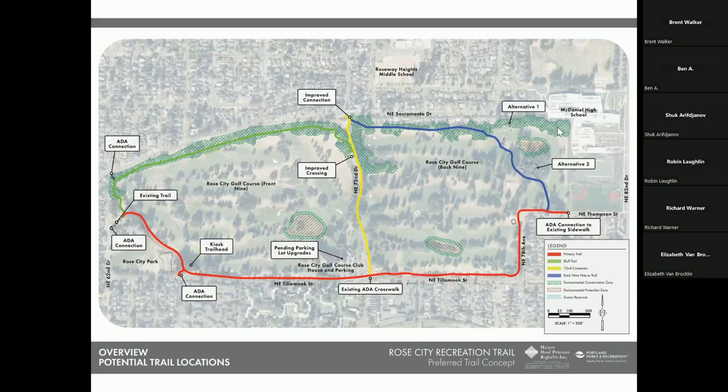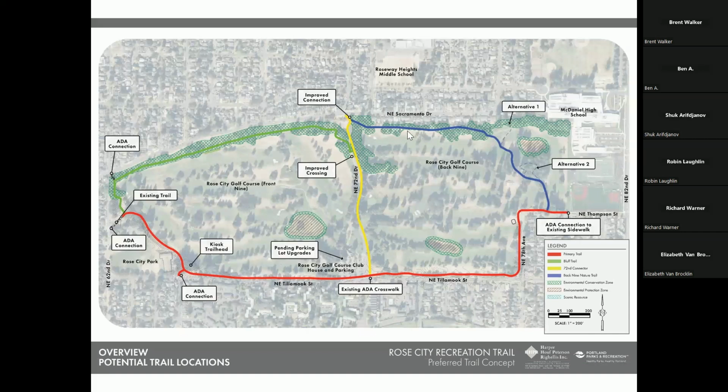So the red trail would be the primary access from west to east, moving through the southern portion of the golf course and park. And then the northern bluff trail is the current existing green trail, which most folks refer to as the Bluff Restoration Trail. The yellow trail is the current sidewalk and shoulders of Northeast 72nd Drive.